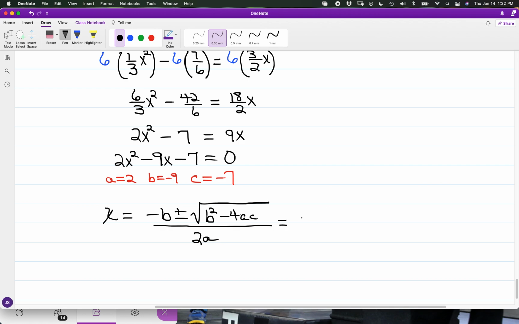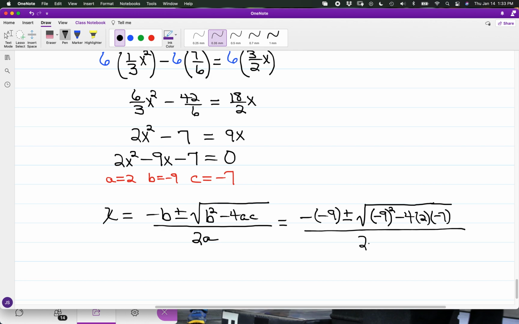Negative b becomes the opposite sign of negative 9, plus or minus the square root. Now b squared, so this will be the square of negative 9, and for minus 4ac, you have minus 4 times 2 times negative 7. And we have all over 2a, so this will be all over 2 times 2.